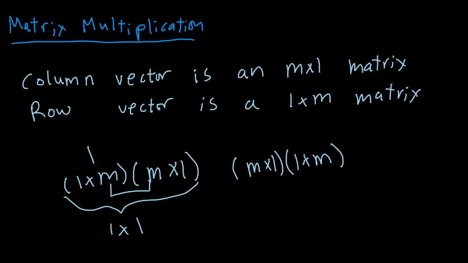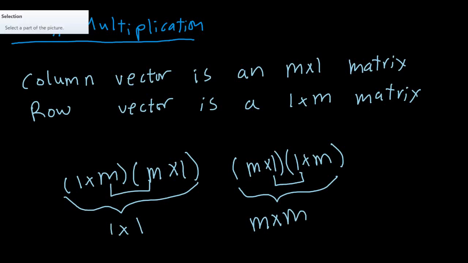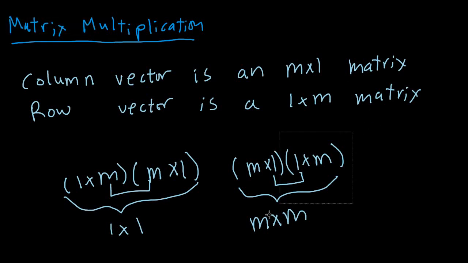See, here you had the row vector on the left and the column vector on the right. And here you have the column vector on the left and the row vector on the right. Totally different. Because here, the 1 contracts with the 1, and the overall result is an m by m square matrix.